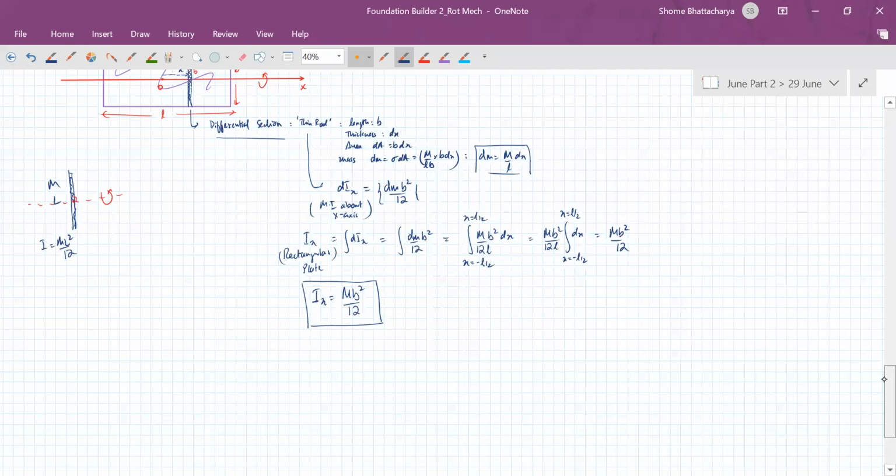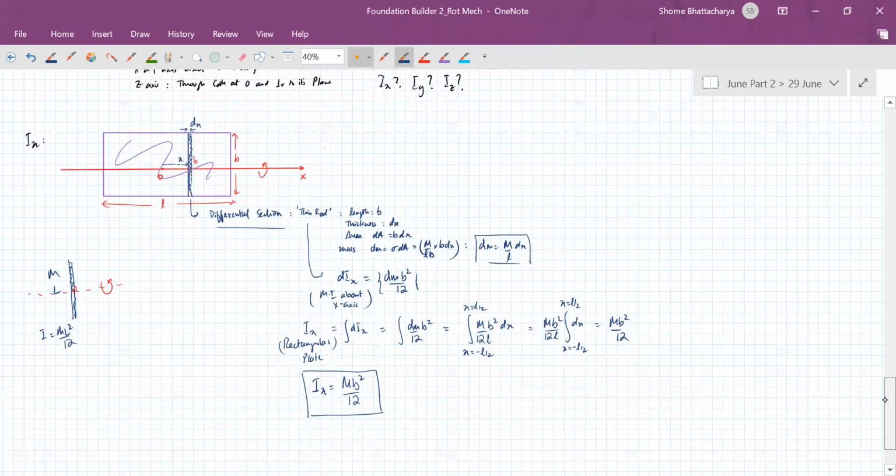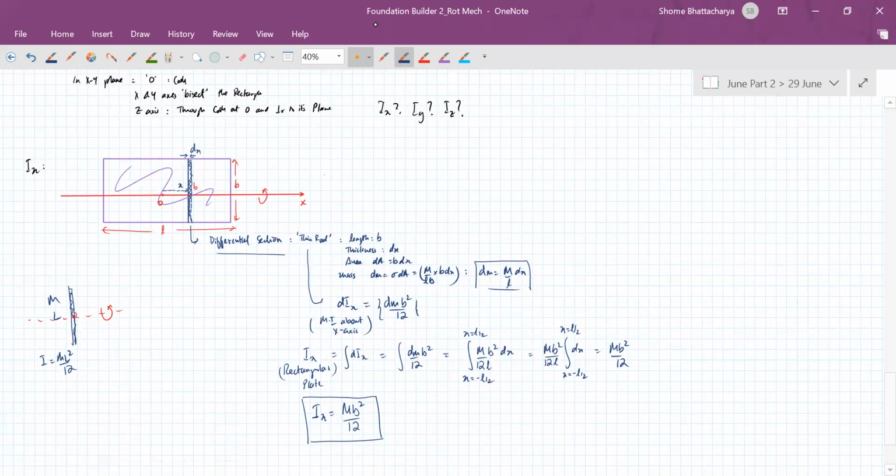Okay, so let's scroll down. Sir, can you scroll down? Wait, 7 minutes. Yes, finish with the top part. Yes, sir, the top one, Ix, you have to write. Yes, sir.